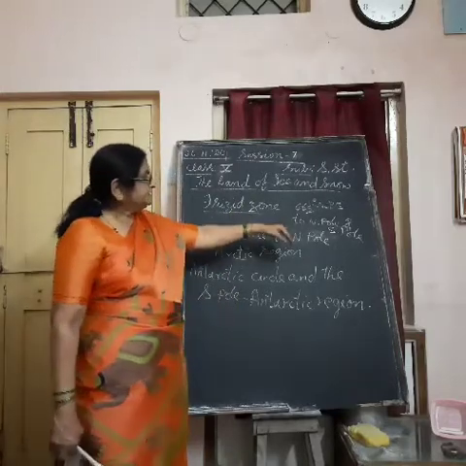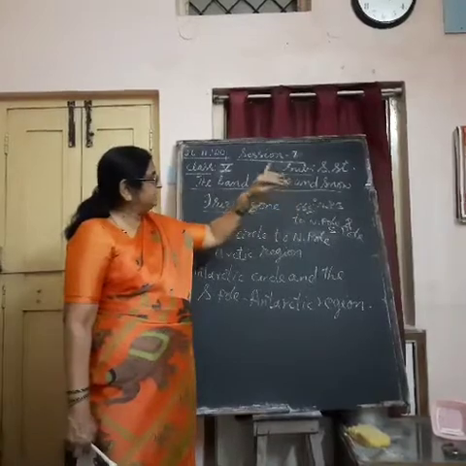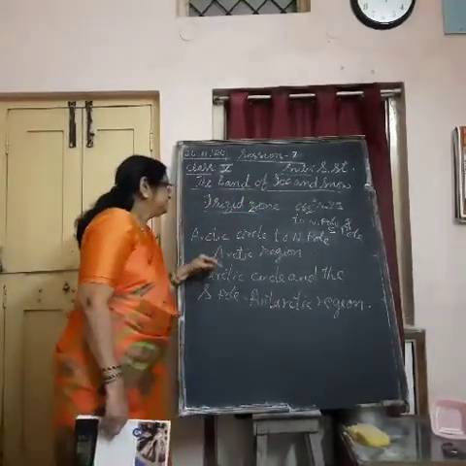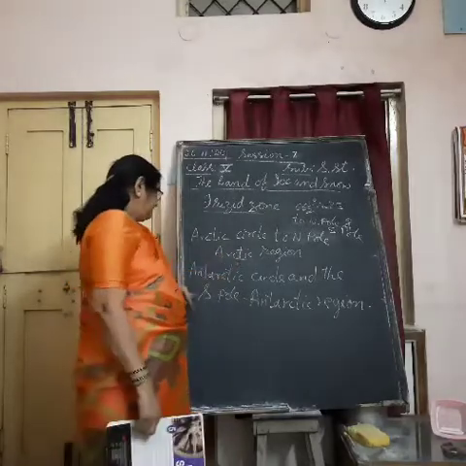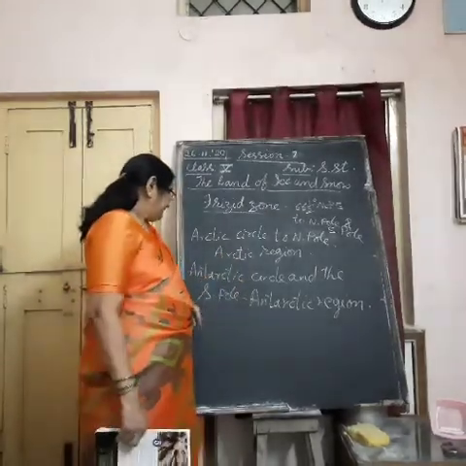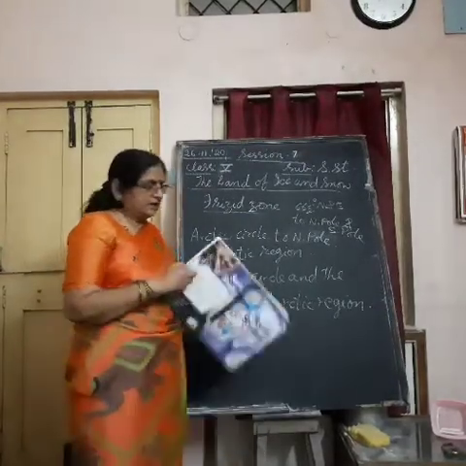And as it is located between 66.5 degrees south latitude and the South Pole, it is known as the South Polar region. And as it is located between the Antarctic Circle and the South Pole, it is known as the Antarctic region also.